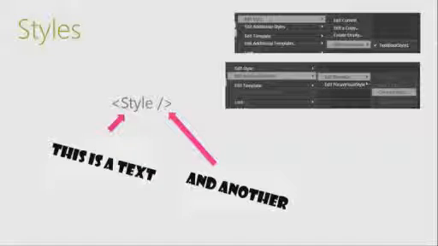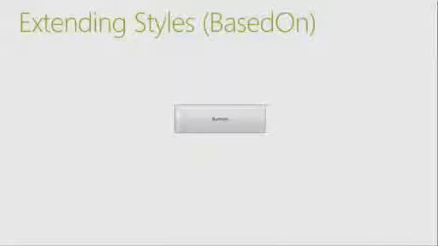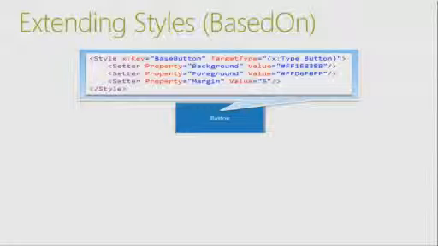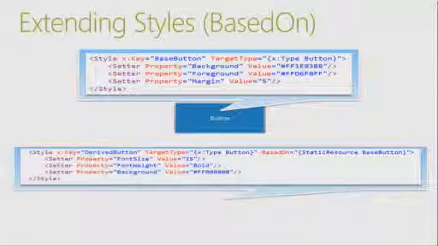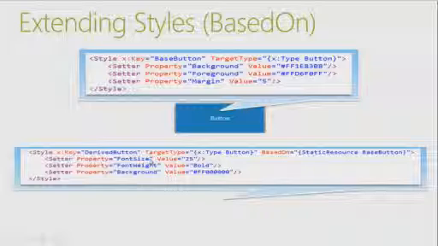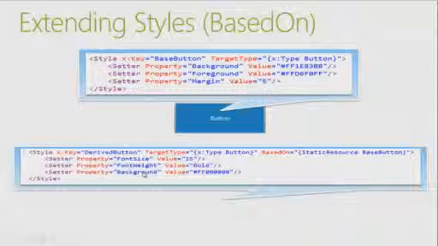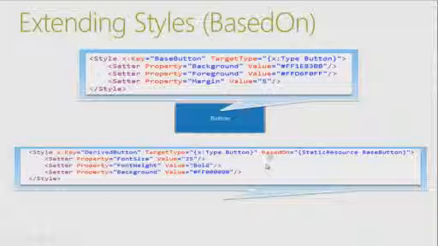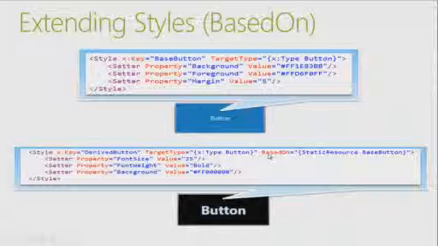So here we have an example. I do a normal style for a button. I define another button style, and notice it is based on a static resource named base button, which is this one. In addition, I set font size and font weight, and I override the background. It is set in the base, but I overwrite it.